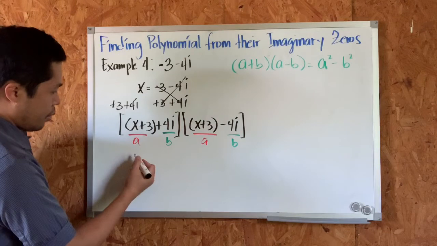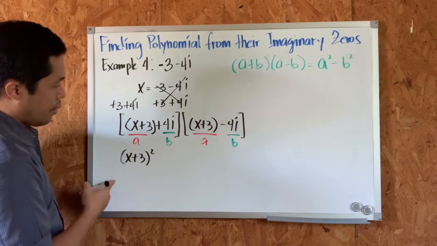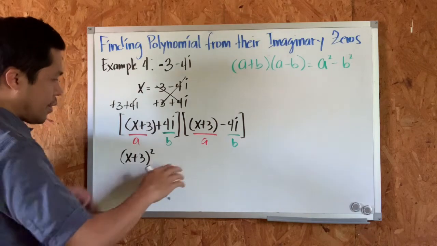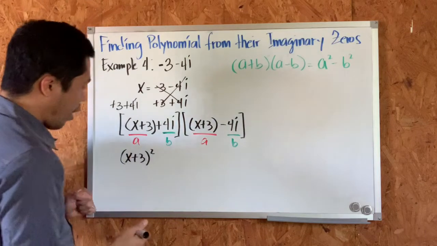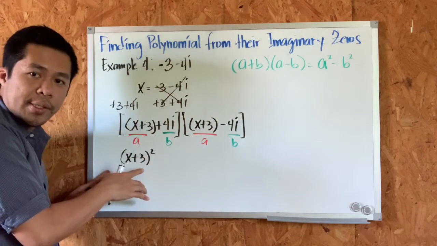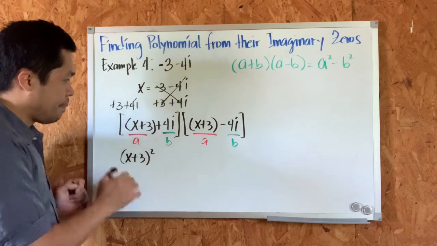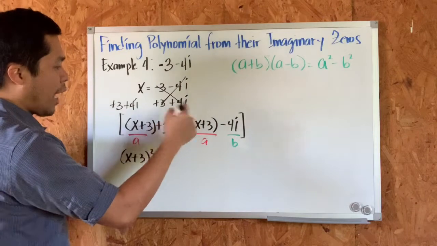So this is equal to x plus 3 squared. That's our a, x plus 3. A times a is a squared. Again, it's important to write the parentheses. Please take note of that. Minus 4i squared.